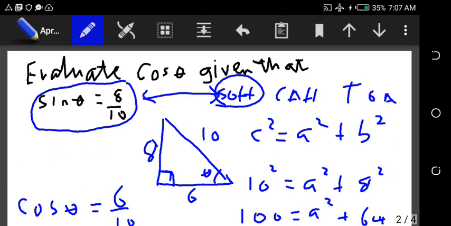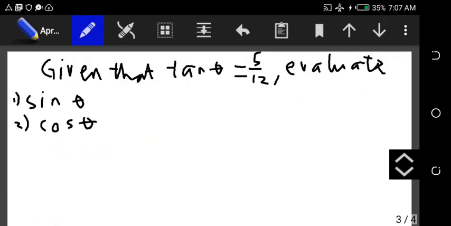But for now, I want to leave you with an assignment. After having gone through the class video, try to solve the assignment and then submit. If you have any issue, let me know. So this is it here.